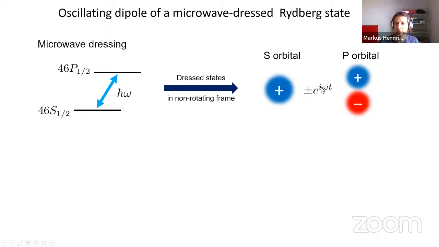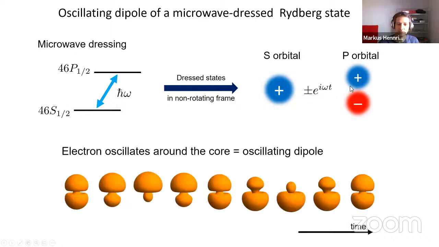And depending on the time, now you will get either a plus sum of the two wave packets or a plus minus, because this changes its phase with time. So depending on the time that you look at it, the sum of this superposition will be an electron that either has more population above or more population below the core.